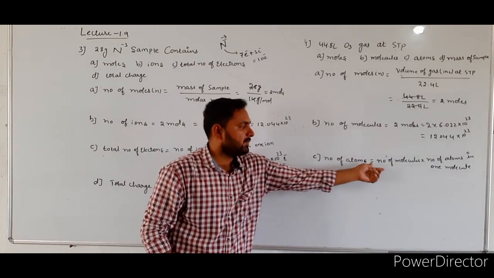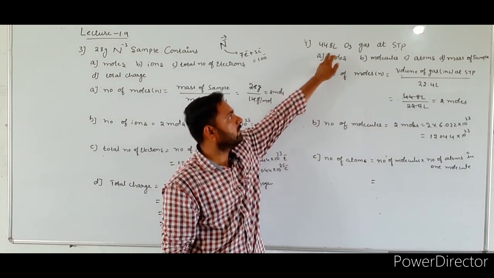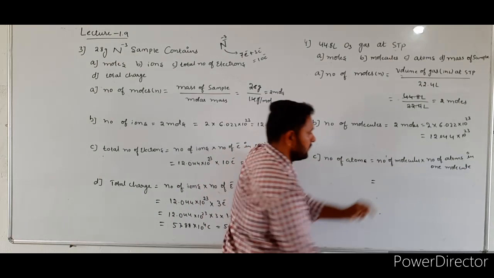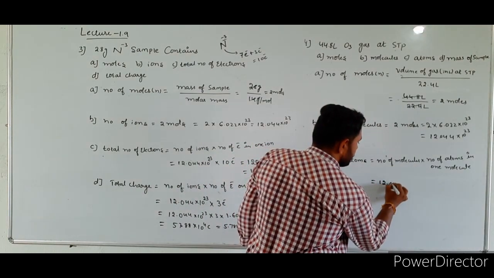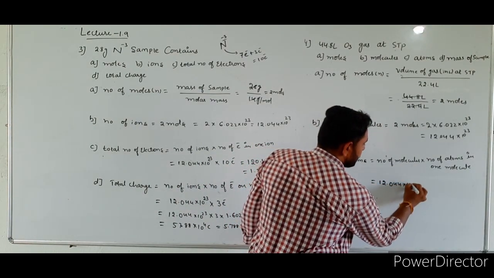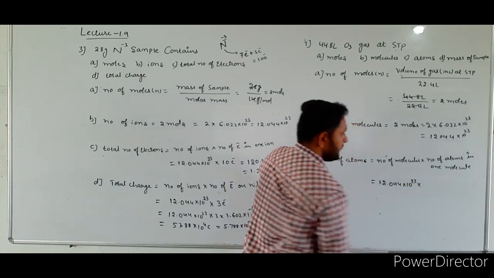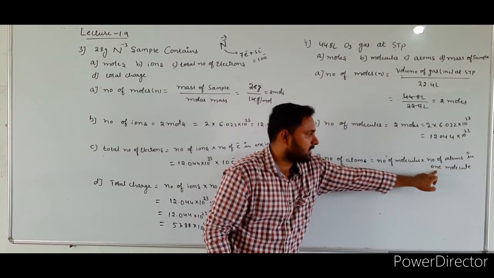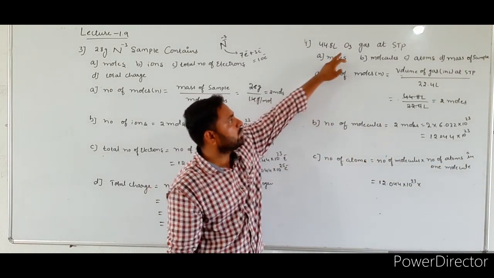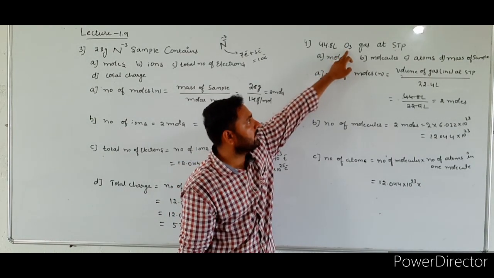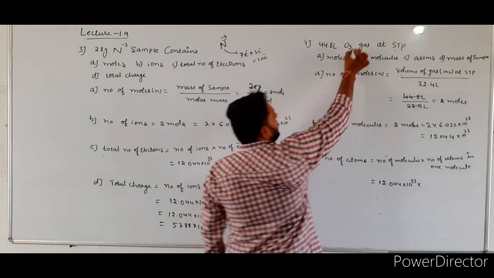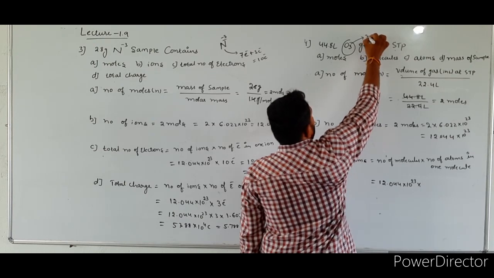Now, how many molecules are present in 44.8 liter? 12.044 into 10 power 23 molecules are there. Then, how many atoms are present in one molecule? One molecule of ozone contains how many atoms? There are 3 oxygen atoms.